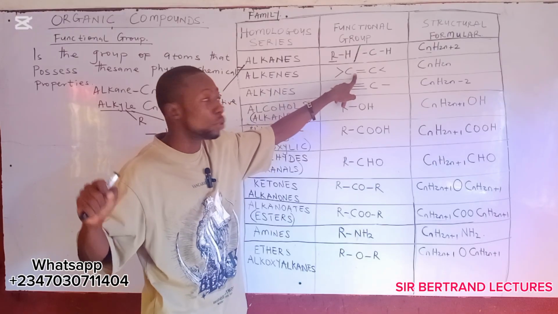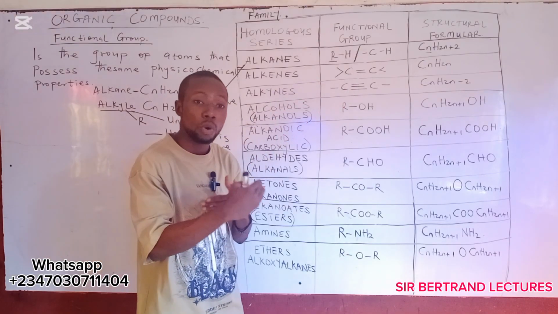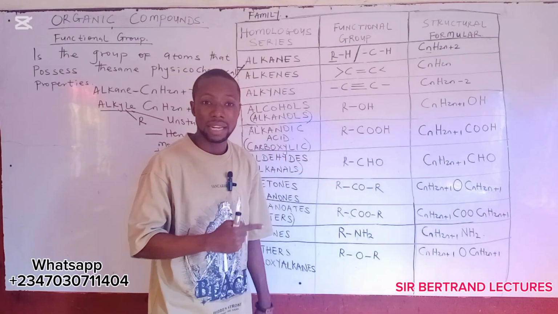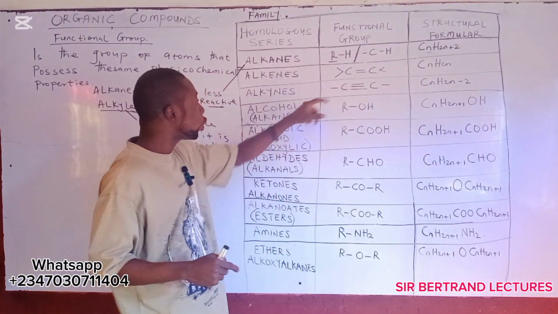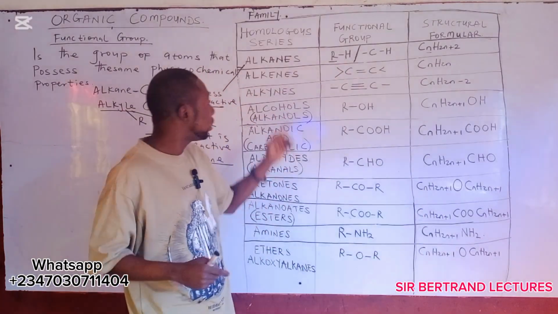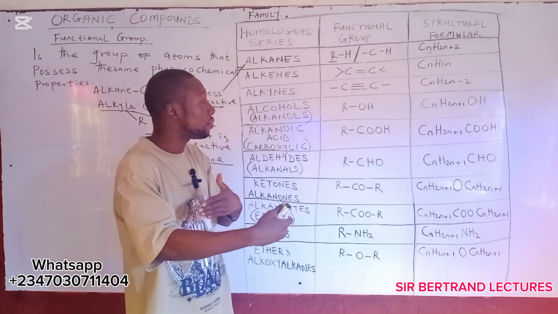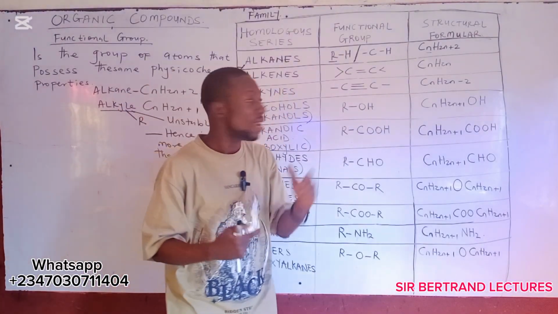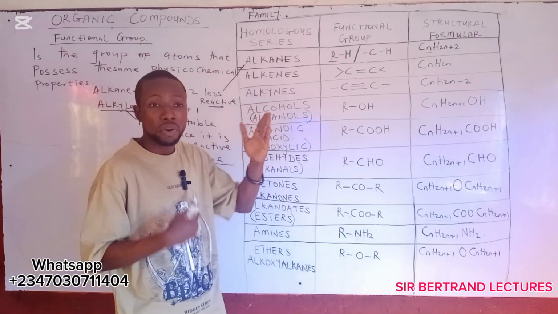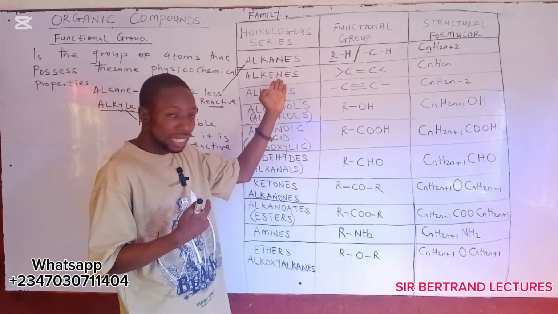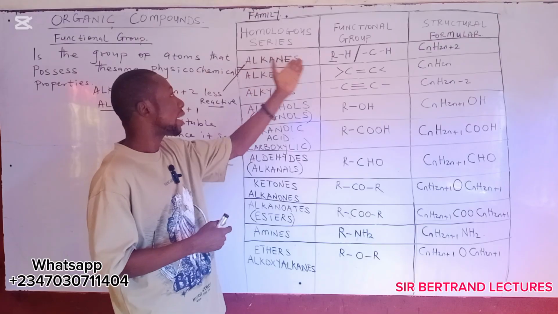Pi bond is very weak, which makes alkenes more reactive than alkanes. Because we have two weak pi bonds in alkynes, alkynes are the most reactive. Alkynes are more reactive than alkenes, and alkenes are more reactive than alkanes.